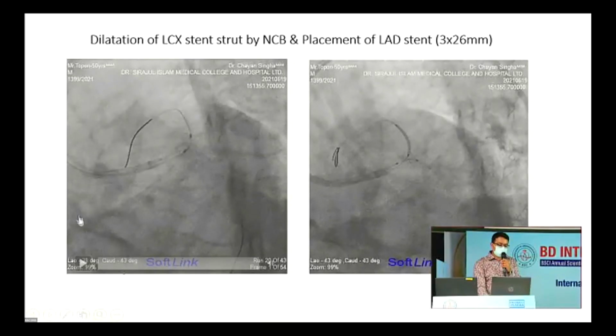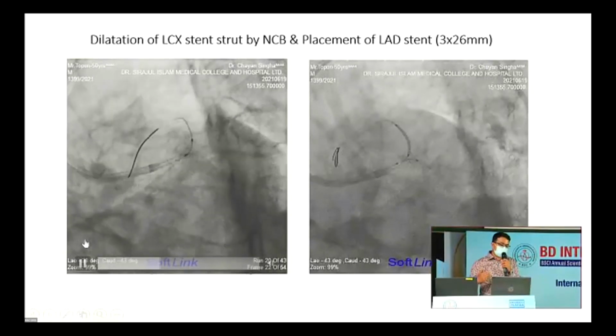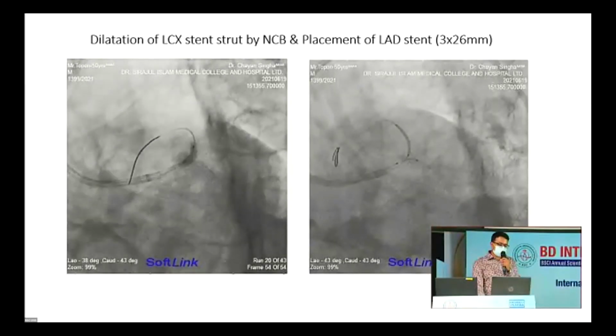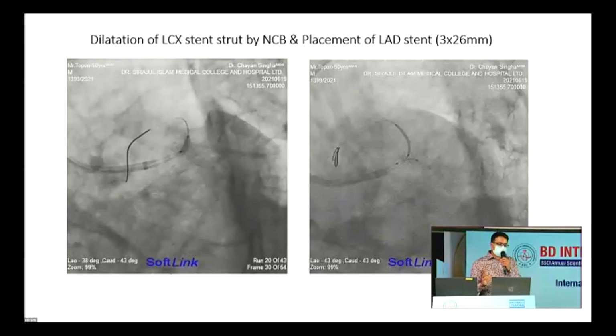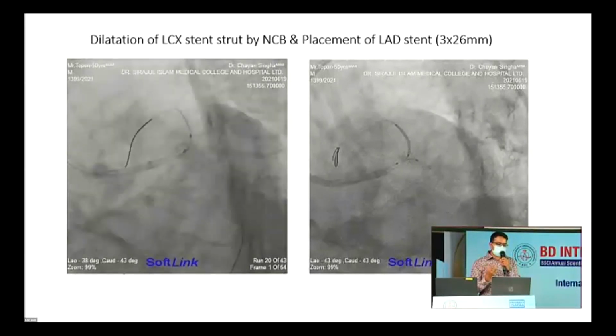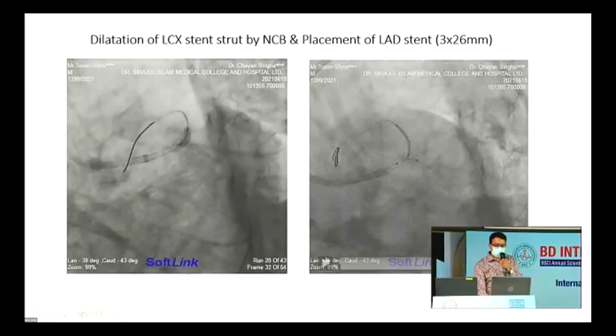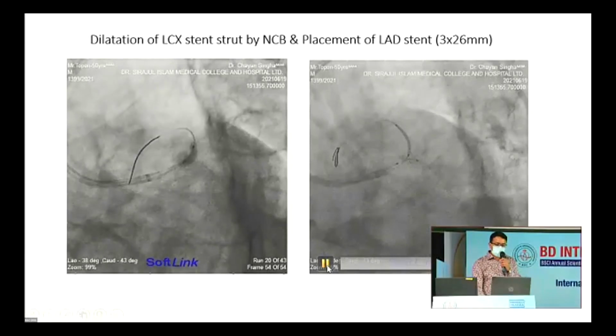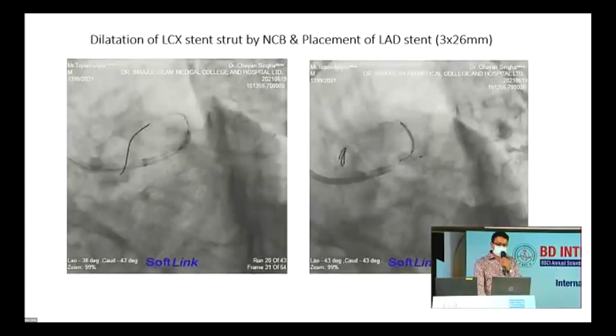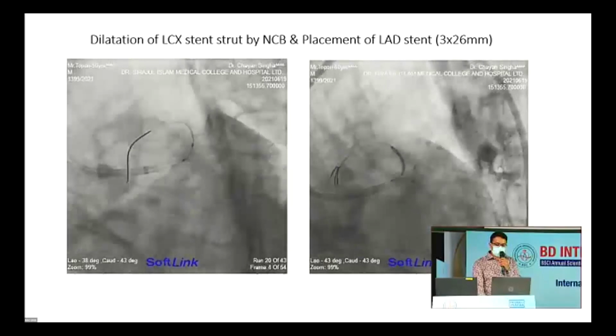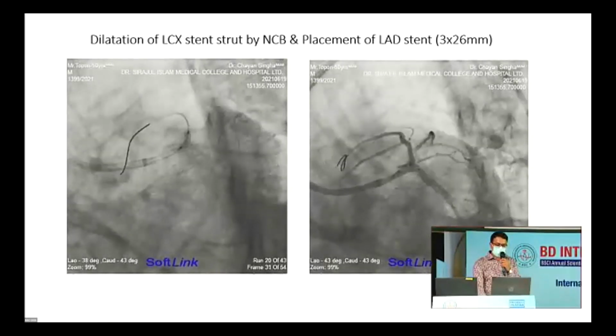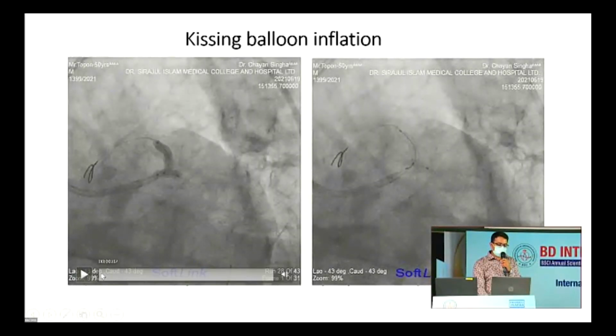Then the wire was removed from the LAD, and another recrossing wire was done, and a 2.5 into 12 millimeter balloon was taken, and the struts were opened, and then we approached the LAD, and a 3 into 26 millimeter stent was negotiated into the LAD, and kissing balloon inflation was done.